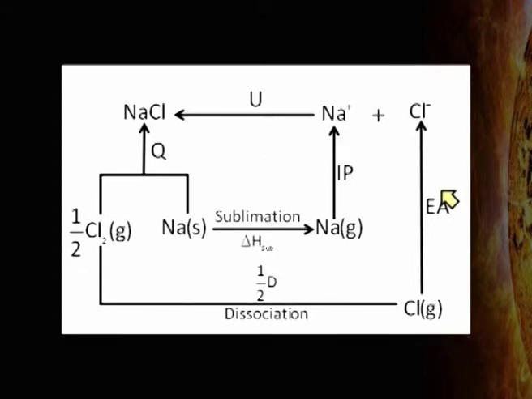This electron affinity will be negative. Now, gaseous Na plus and gaseous Cl minus will combine to give solid NaCl by liberating an energy equal to lattice energy, which is represented by U. This lattice energy has also been taken to be negative because it is also the energy evolved.